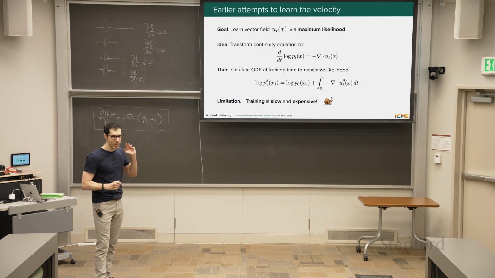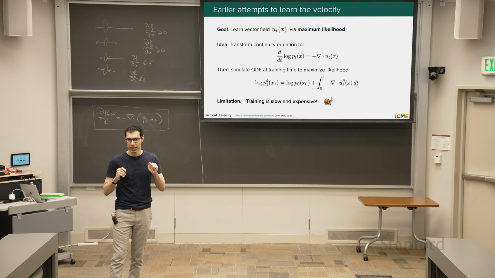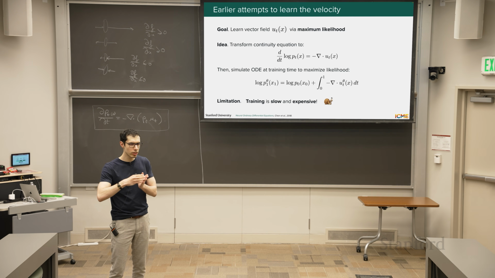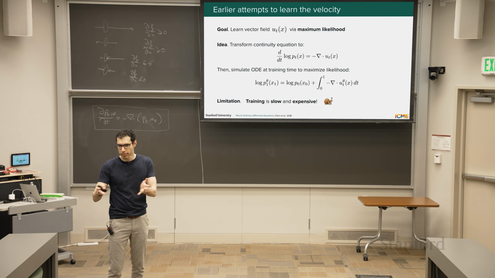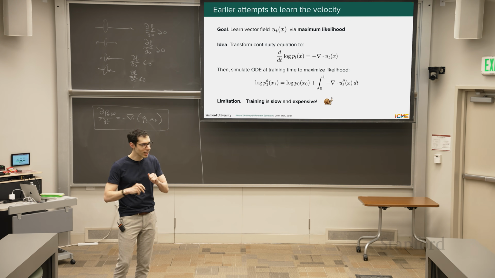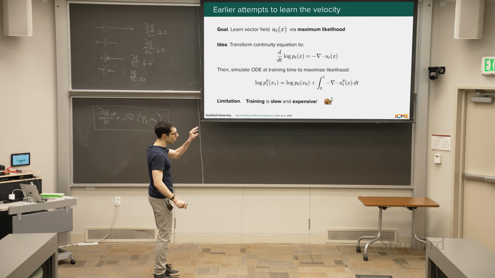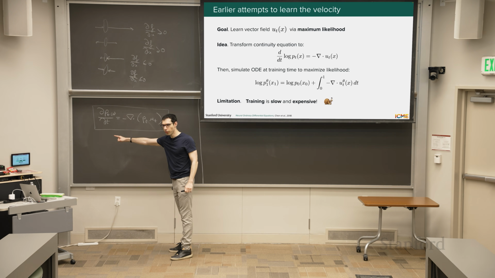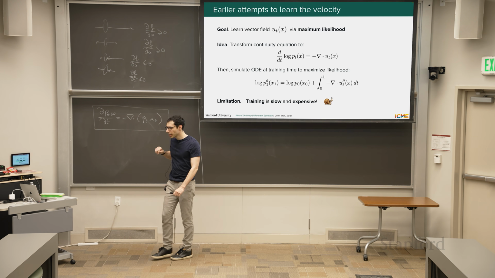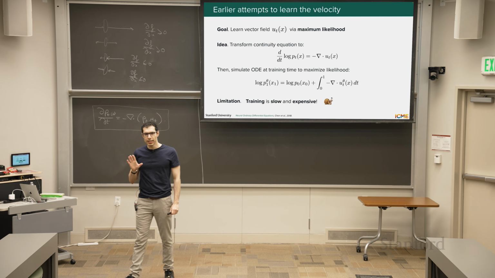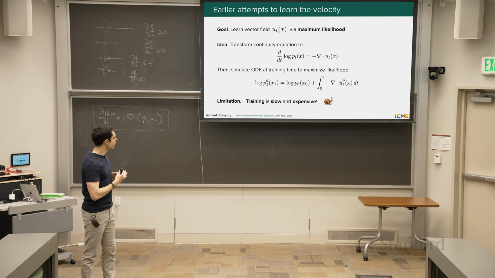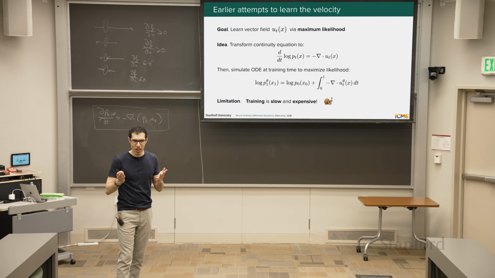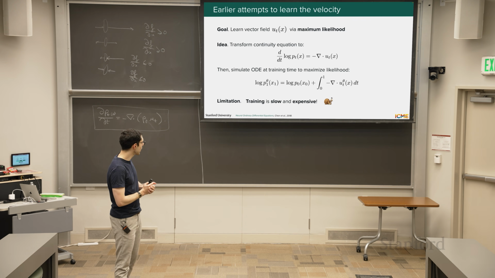So one way of learning the vector field is by maximizing the likelihood that your model is seeing the data, the training set. So how can you do that? Well, if you take the continuity equation that we saw, so this one, then if you do some math, you can actually derive log p_t(x), which is what you want to maximize.